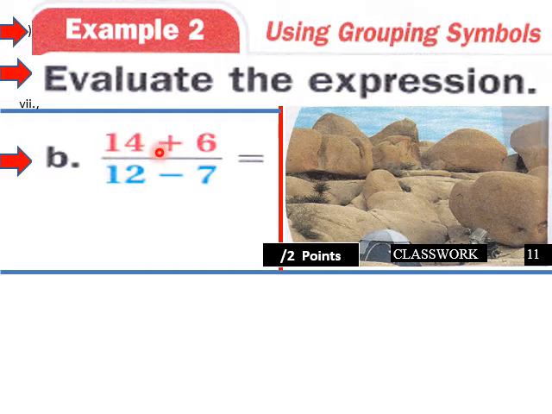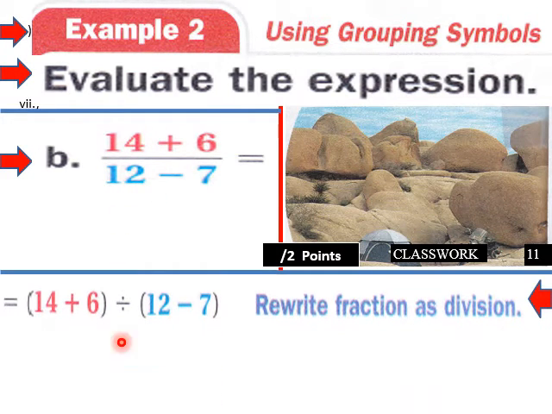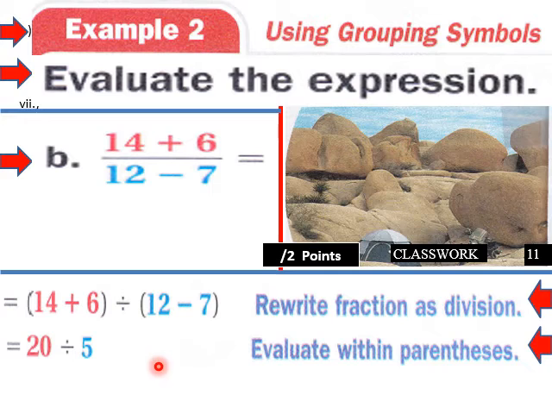Here's a grouping symbol here, but this is a horizontal way of stating this problem. So first we would do our inside parentheses here, it would be 5, and then 14 plus 6 would be 20 divided by 5, that would be 4. So that would be the order of operations that you would use to solve B, is put parentheses around these, and then do those independently, and then do your division.